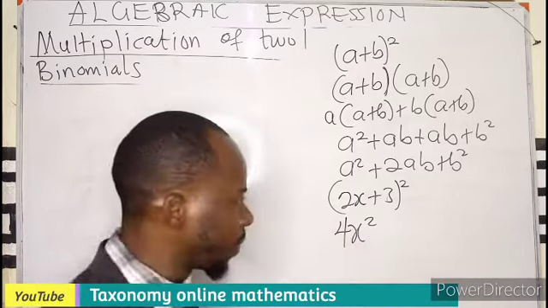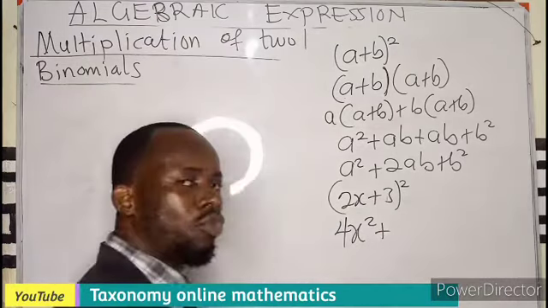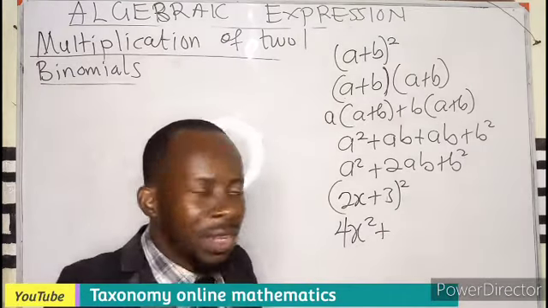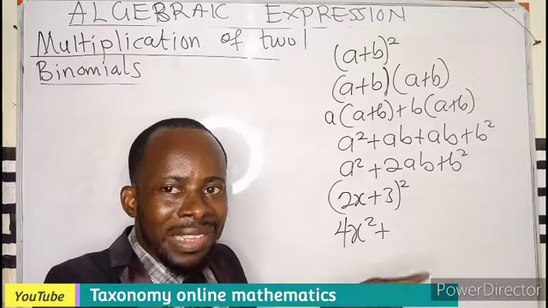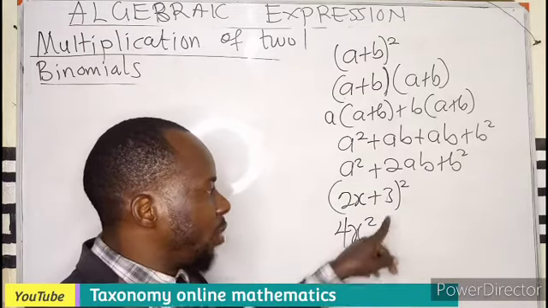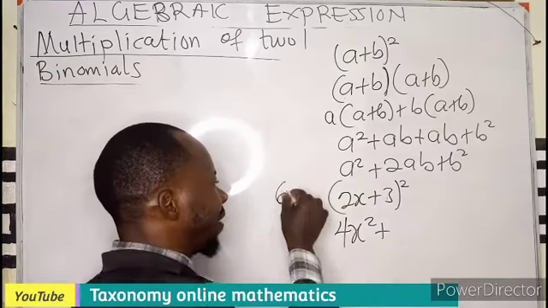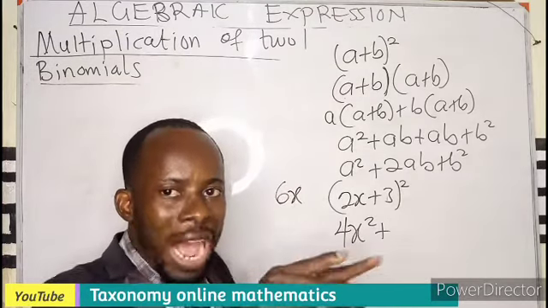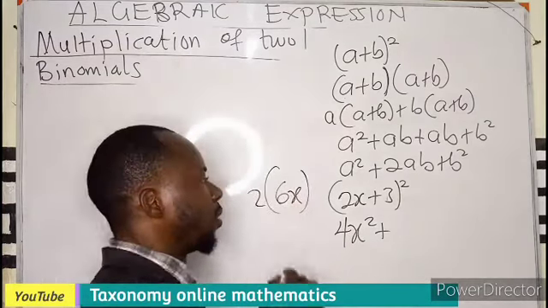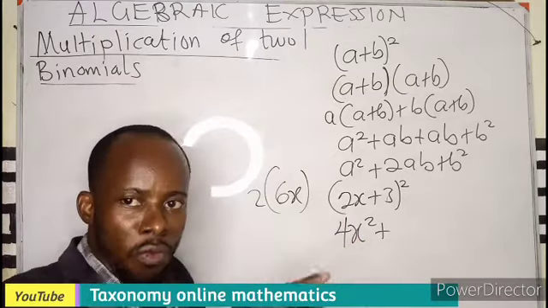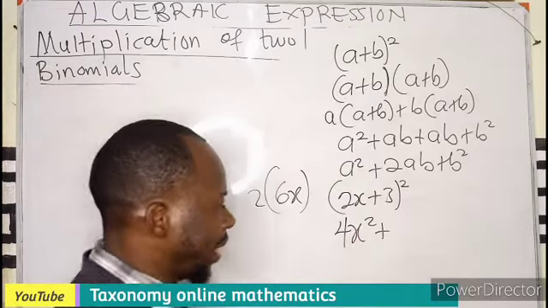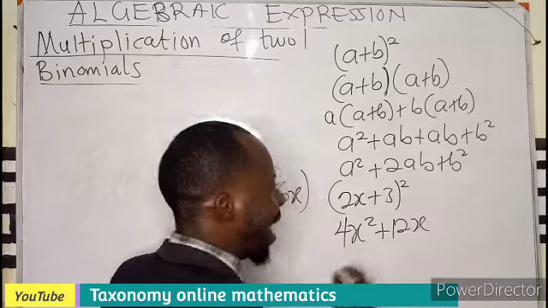Square the first. Then plus twice their product. The product of the numbers in the bracket, meaning 3 times 2x. That gives you 6x. Twice that product, meaning 2 times the product of the two numbers, will give me 12x.